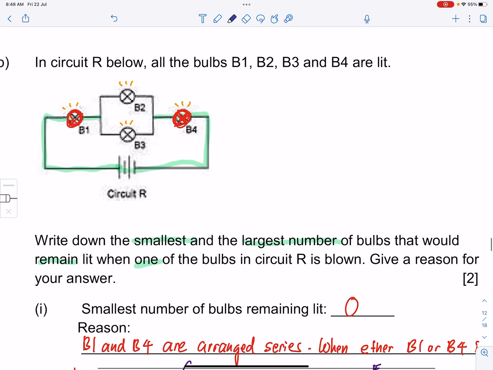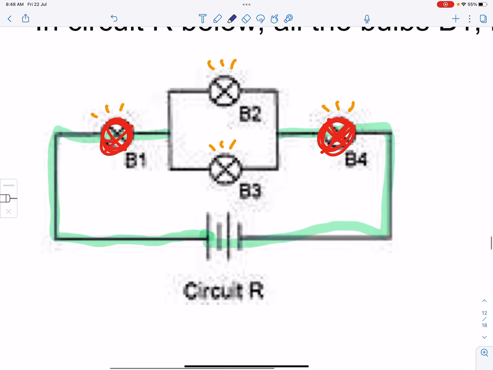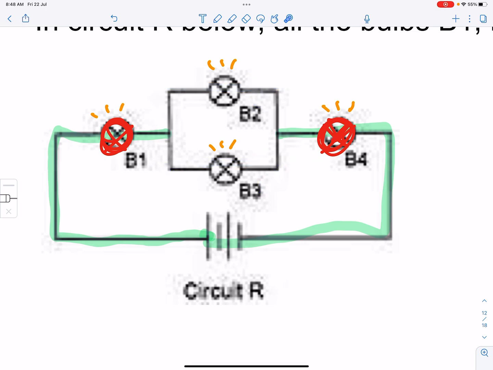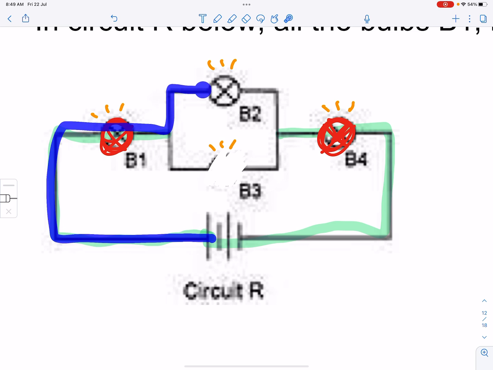So if you take a look at this, you will notice that your B2 and B3 are the ones that are parallel to each other. So I only have to get rid of one, right? For example, if I get rid of B3, electric current will flow through here, up to B2, to B4, and then back.